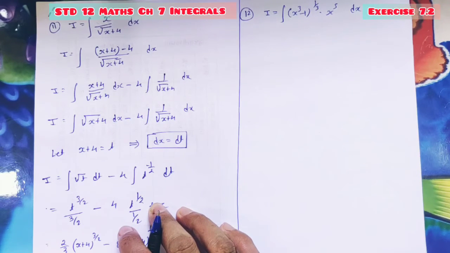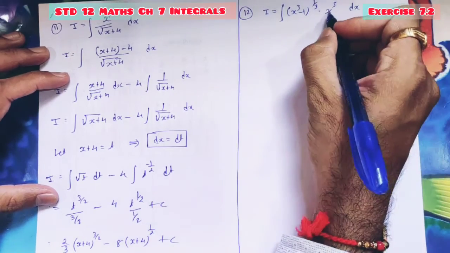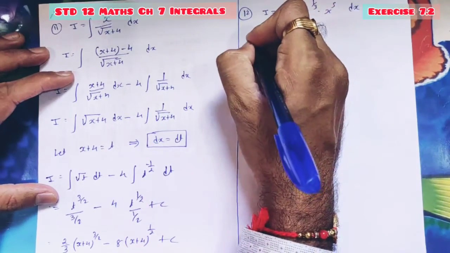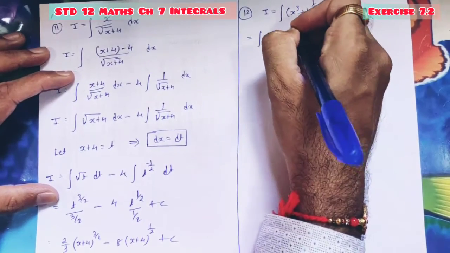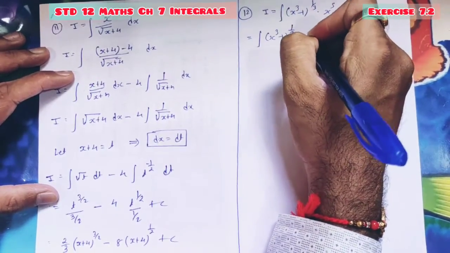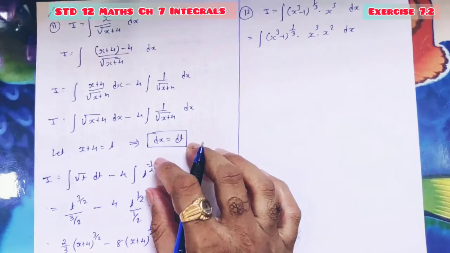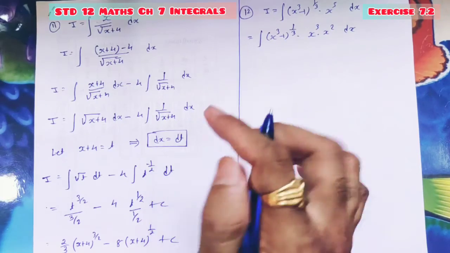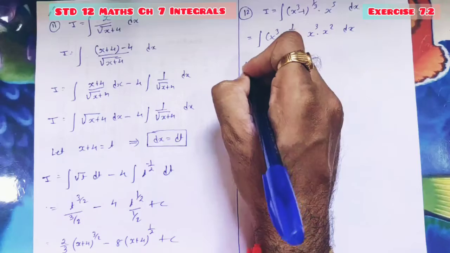So first I am splitting this x raised to 5 as a x cube. So this is x cube minus 1 raised to 1 by 3 and this one is x cube into x square dx. Done. Now taking substitution, taking this x cube minus 1 as a t.